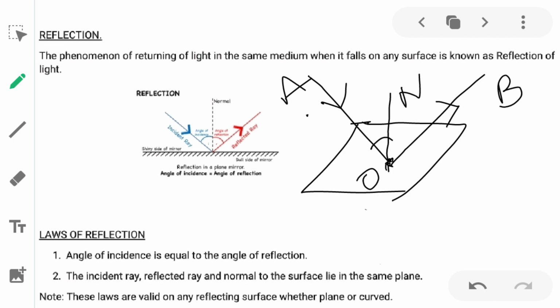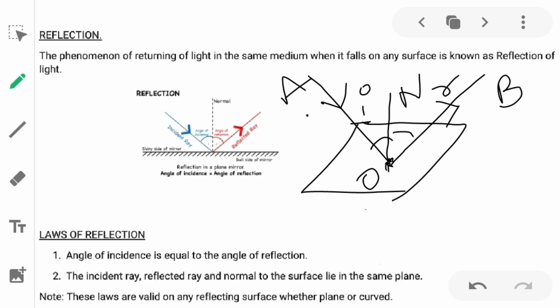Now the angle between the incident ray and the normal to the surface, that is between AO and NO, is termed the angle of incidence, which is denoted by a small letter i. The angle between the reflected ray OB and the normal to the surface NO is termed the angle of reflection.